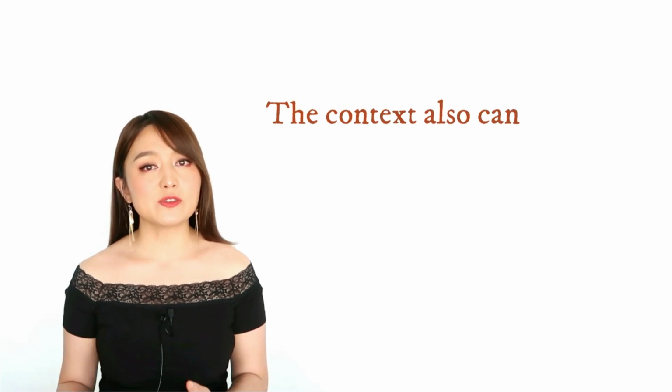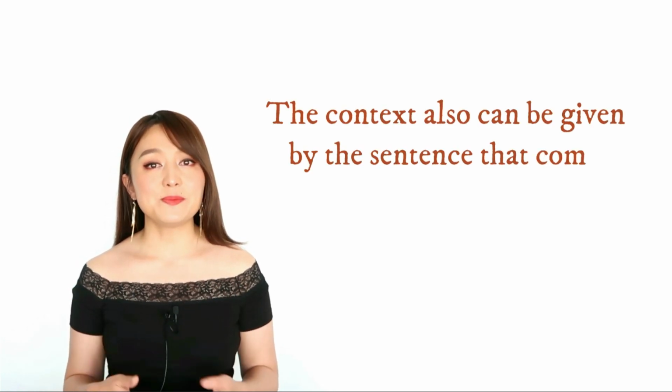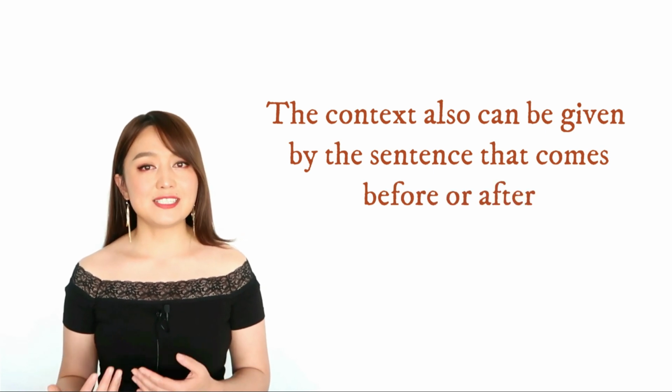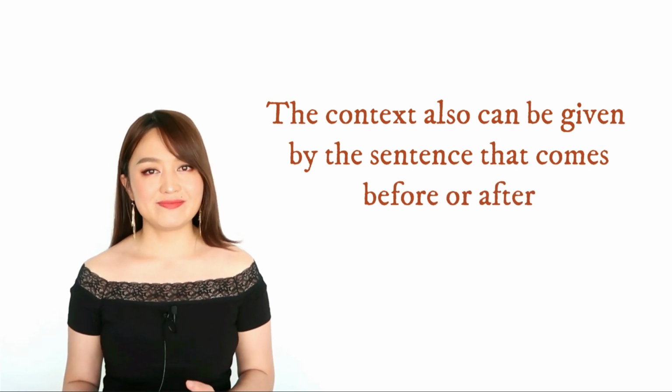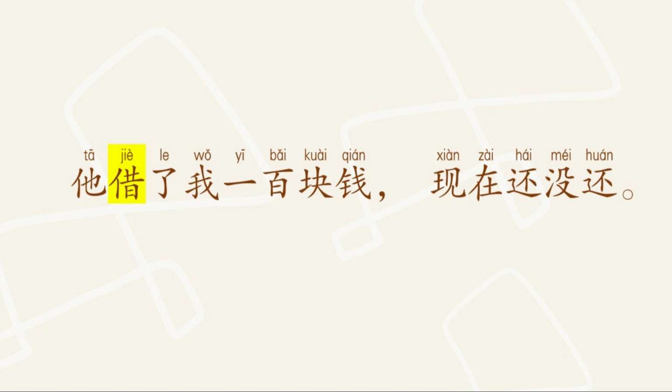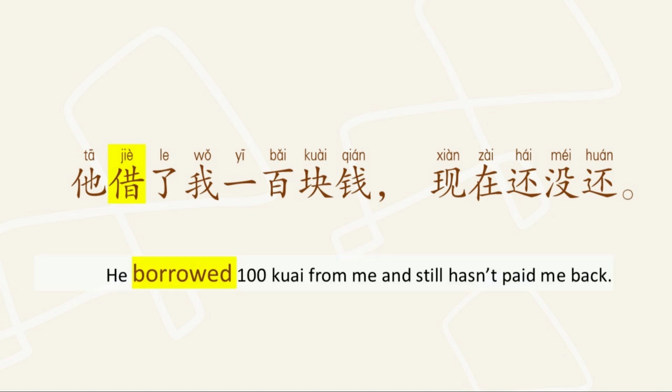The context also can be given by the sentence that comes before or after the sentence where 借 appears. For example, 他借了我100块钱，现在还没还。With the second part of the sentence, you know that 借 here means borrow. He borrowed 100 块 from me and still hasn't paid me back.